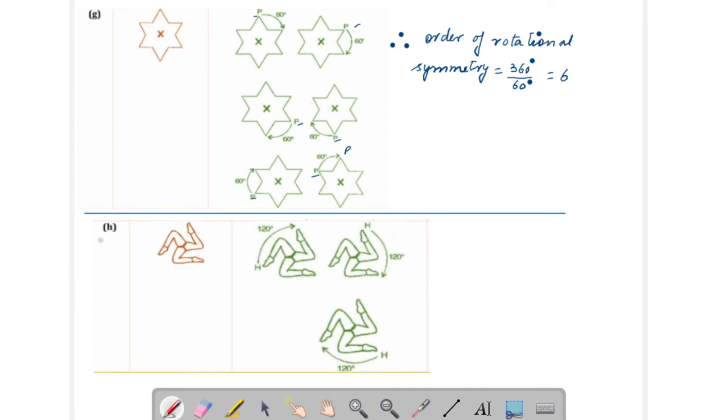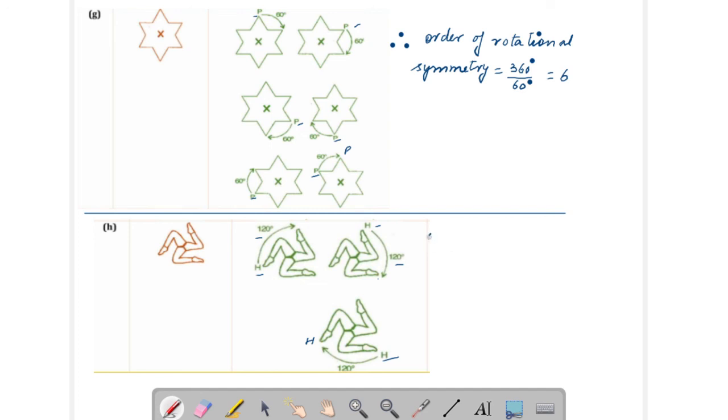Now come to H part. Here take this point as H and rotate it at 120 degrees. H will come at this point. Again rotate it at 120 degrees. H will come at this point. Again rotate it 120 degrees. H will come at this point. That is, it comes to its original position.